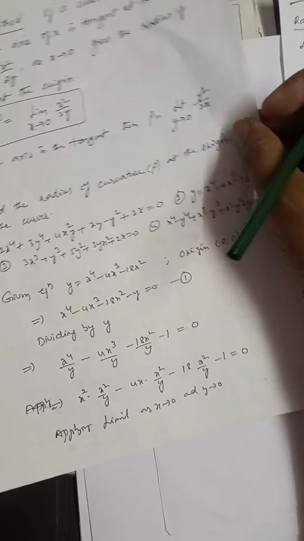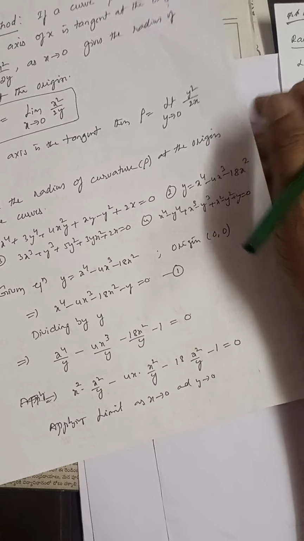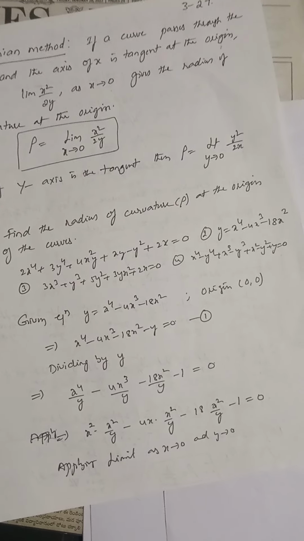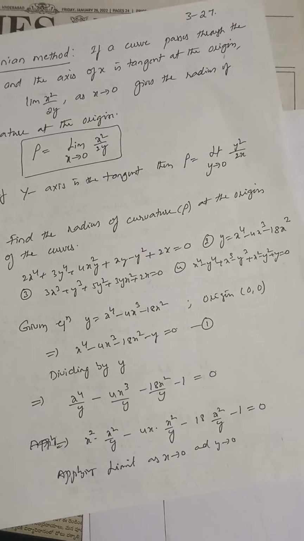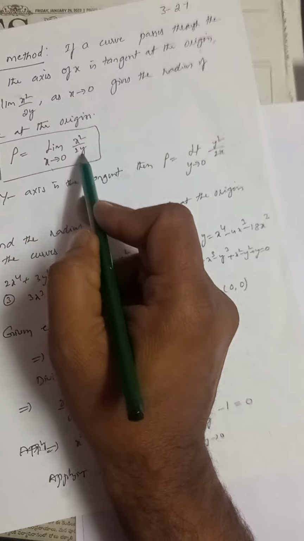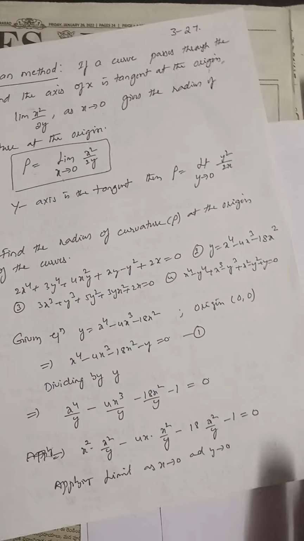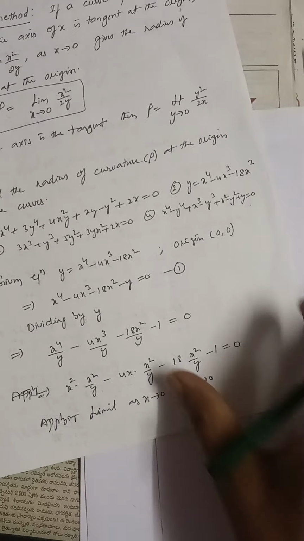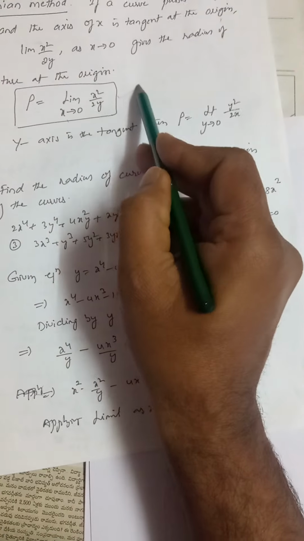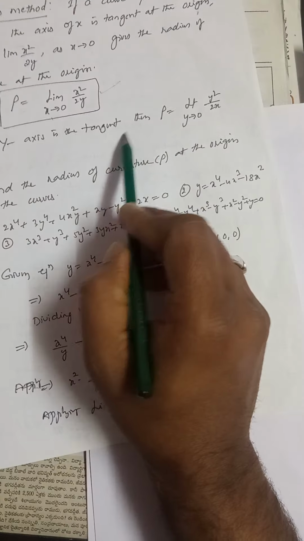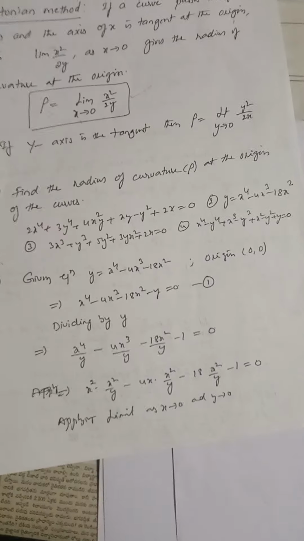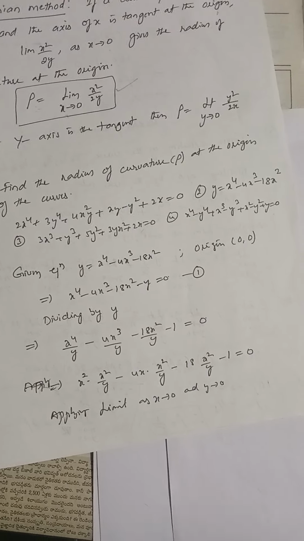Now if the system is in Cartesian coordinates, and at the origin, find the radius of curvature at the origin, and it is a polynomial, then what we have to do, simply we have to find the limit as x tends to 0, x square by 2y, which is nothing but rho. That you have to remember. See, if the x-axis is the tangent, this is the formula. If the y-axis is the tangent, then rho is equal to limit y tends to 0, y square by 2x, right? The x and y get interchanged, so be careful.